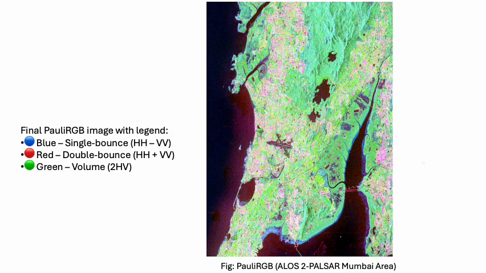Here, you can see a decomposed image of the Mumbai area with various land covers. The data is acquired by ALOS-2 PolSAR quad-pole spaceborne radar, which is an L-band satellite. We will study what target decomposition is and various types of target decomposition techniques in upcoming lectures.